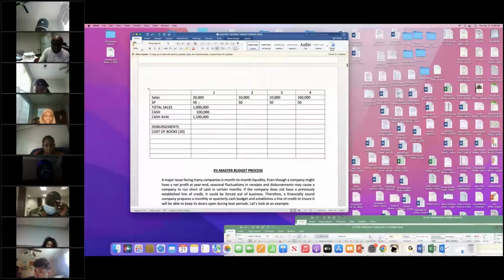Then we got to pay our rent, and we said our rent was how much? $1 million a quarter, right? So total disbursement is going to be $1,400,000.